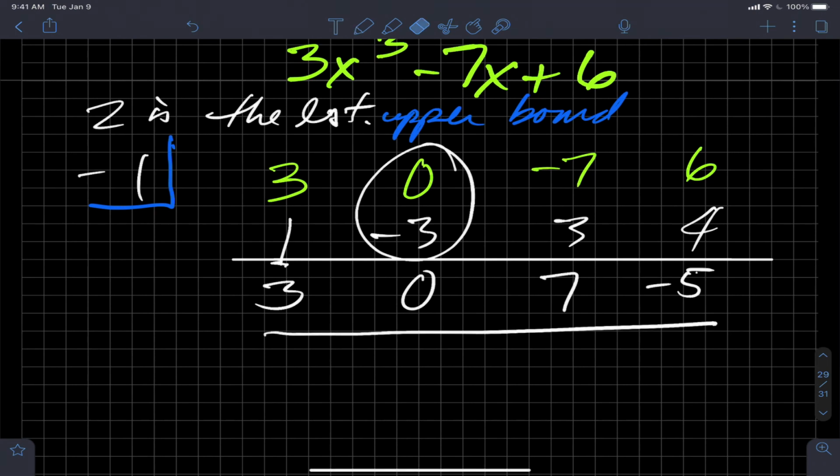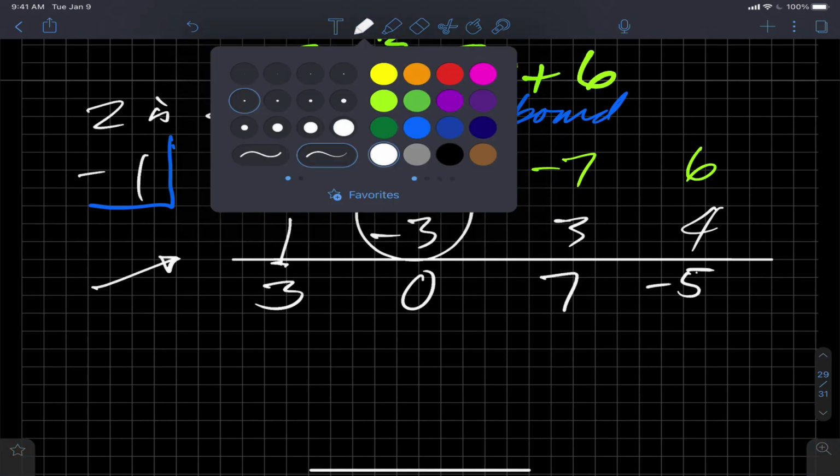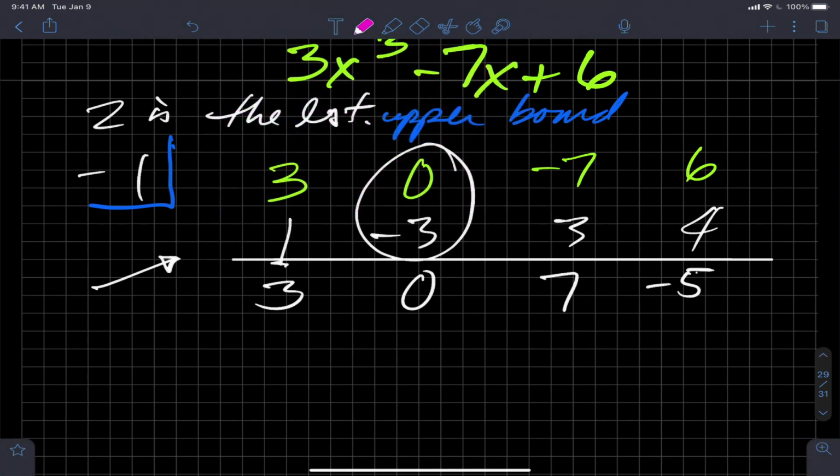Well, here's the thing. You can also, for the lower bound, not the upper bound, but for the lower bound, attribute a negative sign or a positive sign to the 0. The 0 does not have a sign. It's not negative or positive. But in this situation, 0 can count as the negative sign or positive sign.